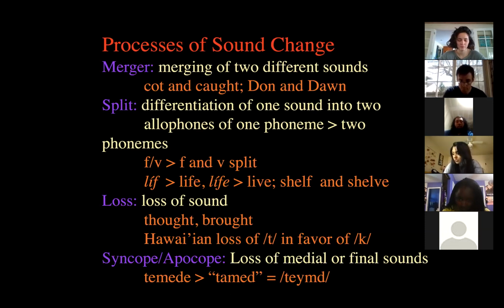So we lost the final sound in there actually. And we actually lost a medial sound, the M, between the M and the D. And so we squeezed it all together. And even though we've still put an E in between the M and the D, we don't actually pronounce it. We don't say tamed, and we don't say tamede. So we've lost both of those by it's just basically kind of the physical laziness of our mouths that ends up directing a lot of these things.